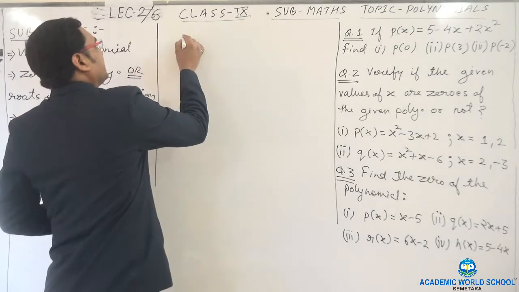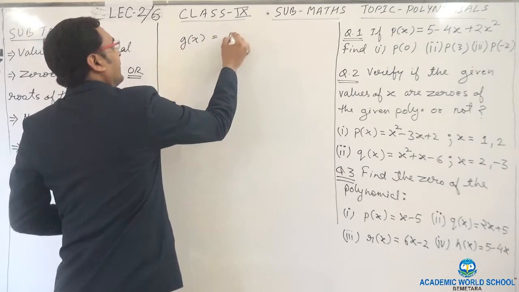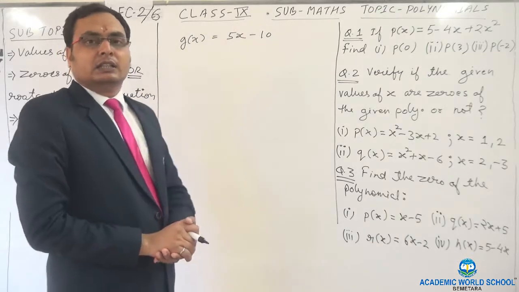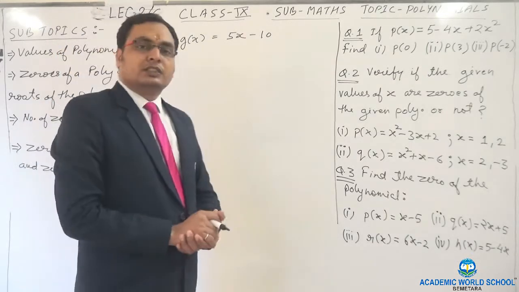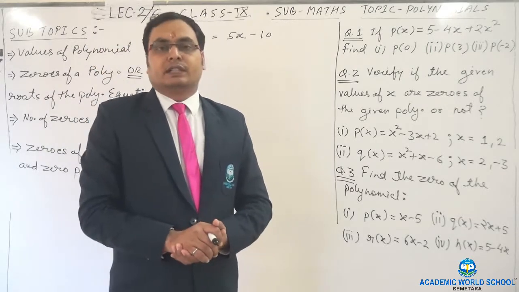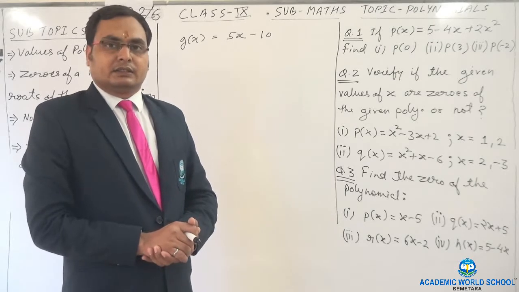If a polynomial is given like this, g(x) is equal to 5x minus 10. Now we know that this polynomial may have infinite values for different real values of the variable x.